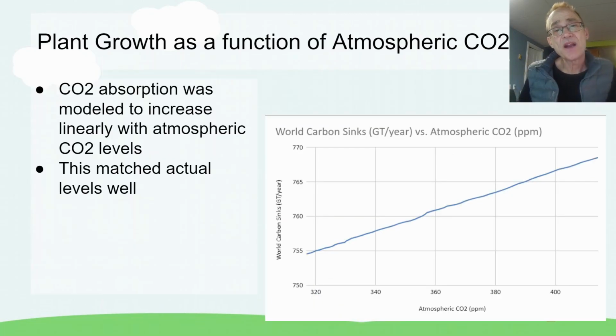This is a plot of world carbon sinks versus atmospheric carbon dioxide levels as taken from model results. Plant growth, as represented by world carbon sinks, is linearly proportional to atmospheric carbon dioxide levels. I would expect this same linear range to hold true from about 250 to 800 parts per million.